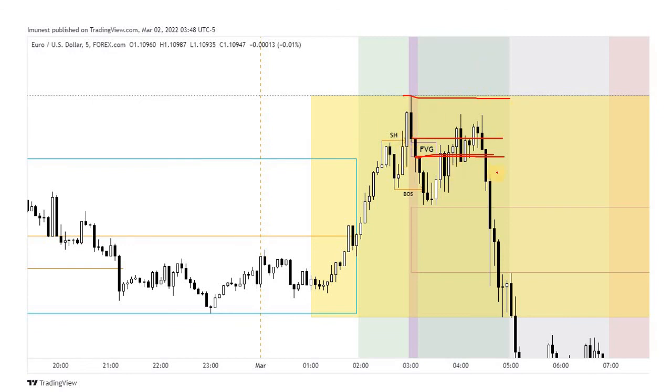sincerely, I'm not a good trader, but I can tell you for sure that I entered this trade. This is my entry, my stop a little above this point, and I took profit here.